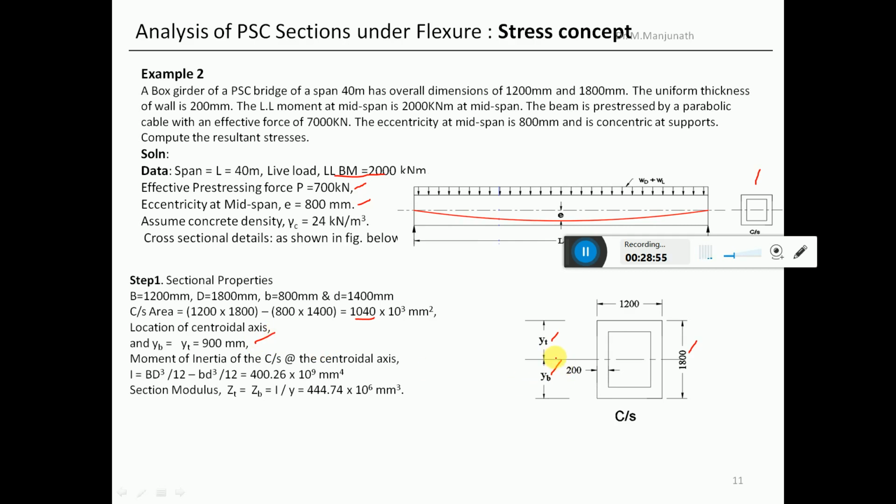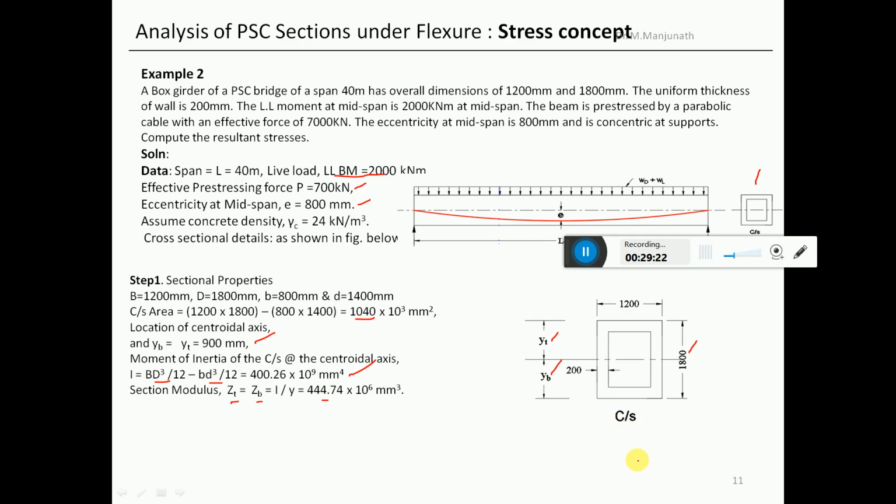The moment of inertia about the centroidal axis is obtained by subtracting the MI of the inner rectangle from the MI of the outer rectangle, so we get the moment of inertia, and the section modulus top and bottom are equal, given by this expression.